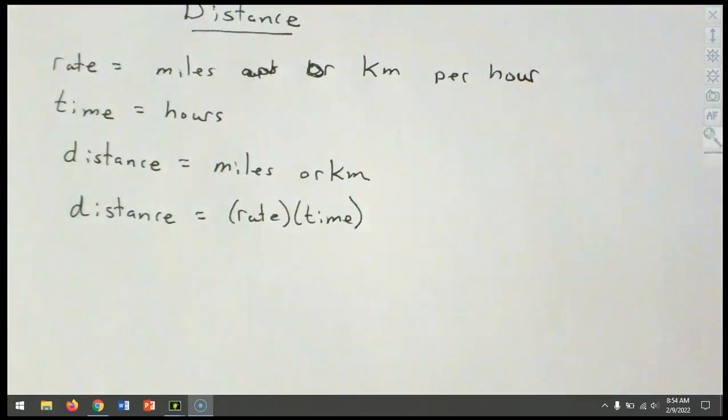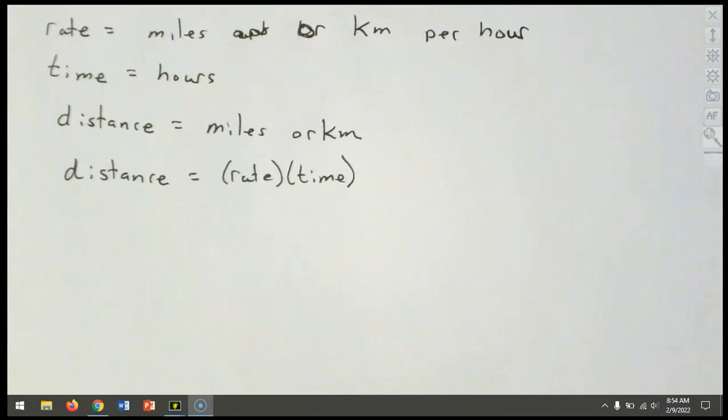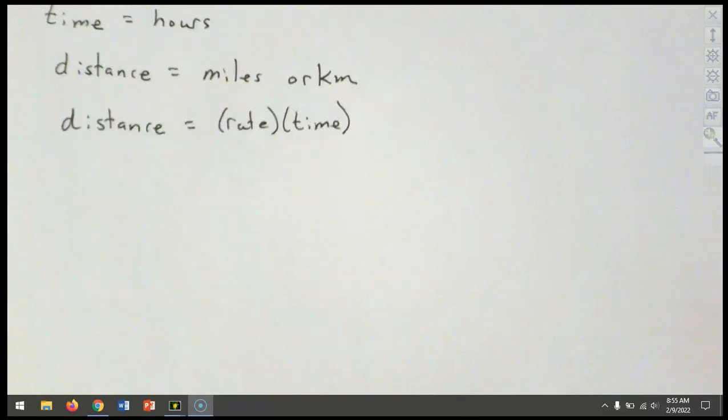Now, the main difference between these distance problems and the investment and the mixture problems is the fact that it can either be addition, subtraction, or they can equal each other. And how we determine whether it's addition, subtraction, or if they equal each other is we look at what are called vectors. And these illustrate the direction.